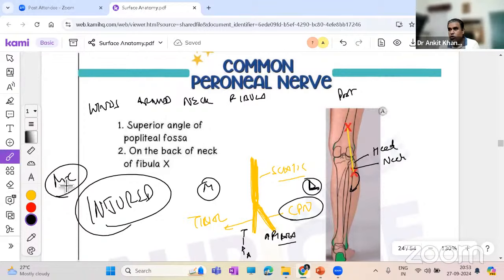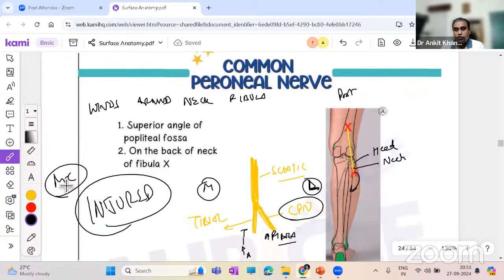So if you are walking, crossing the road, and any bike comes and strikes on your outer side, that nerve can be damaged, or a car accident, or you falling on one side, or say there's some fight going on with a hockey stick or any stick, and the stick strikes the outer side of the knee, this nerve can be damaged because it is lying between the skin and the bone outside.